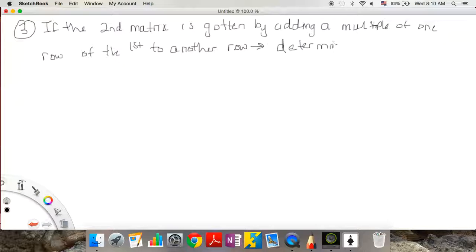And that's that example we were just looking at from the book. If we have two matrices, and we're looking for their determinants.